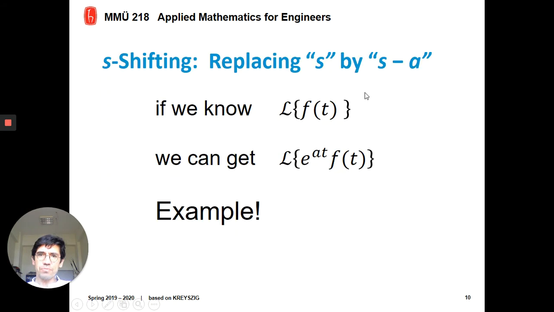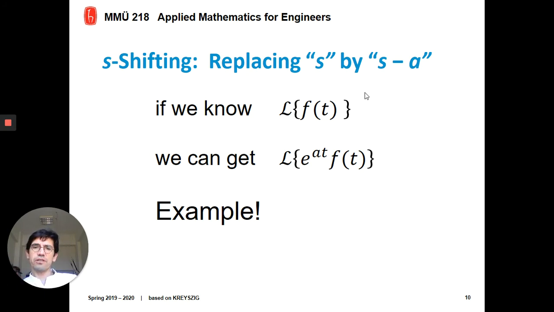That's good. Next, the first shifting theorem appears in one of the sections that we will cover today, and it is about replacing the s, which is in the frequency domain on the right hand side, capital F of s. I'm going to shift my frequency in a certain problem that I don't know yet.